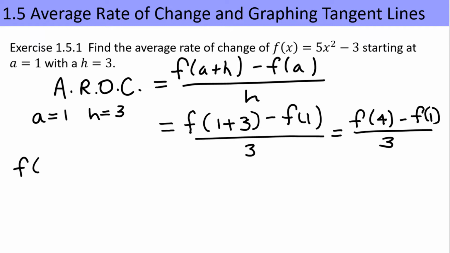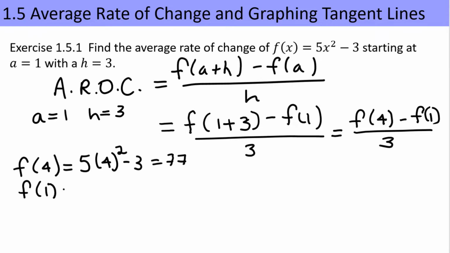F of 4 is equal to 5 times 4 squared minus 3, and so that's equal to 77. Let's continue. So f of 1 is equal to 5 times 1 squared minus 3. 5 minus 3 is 2. Let's put those values into our function notation.